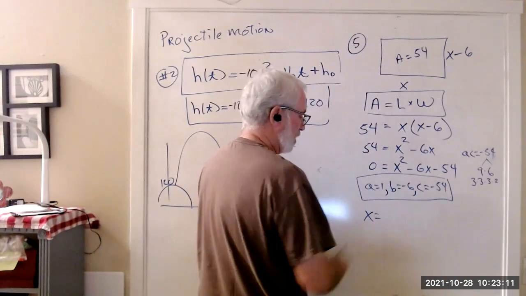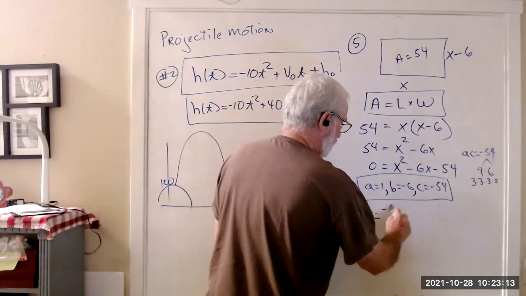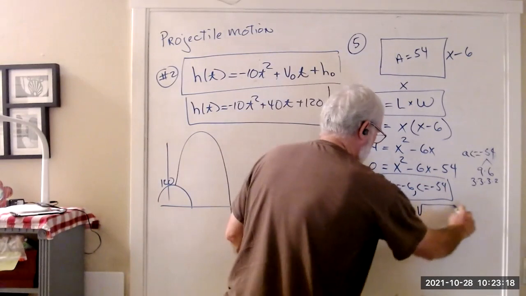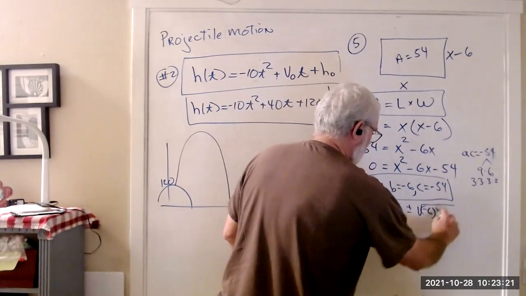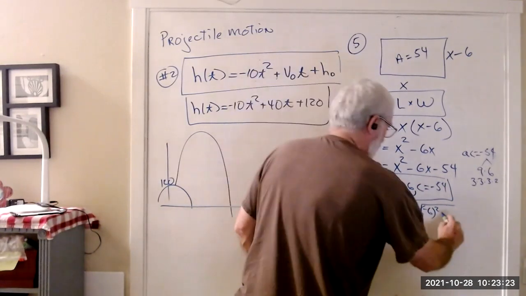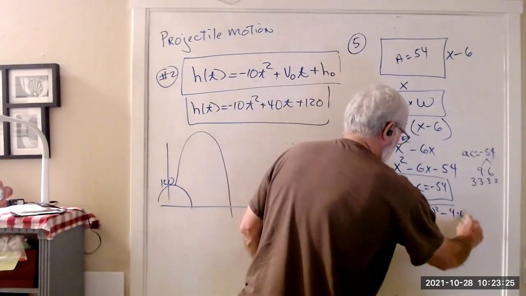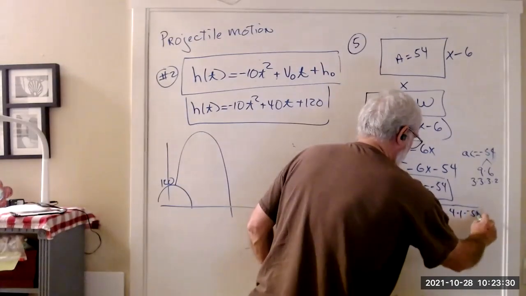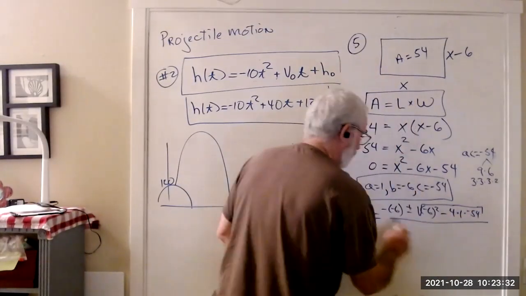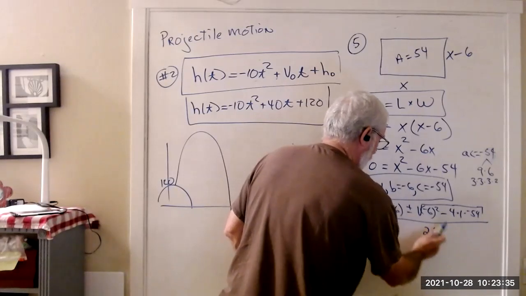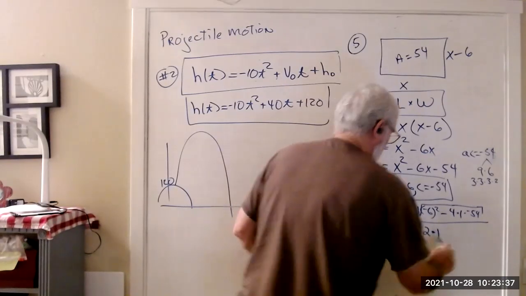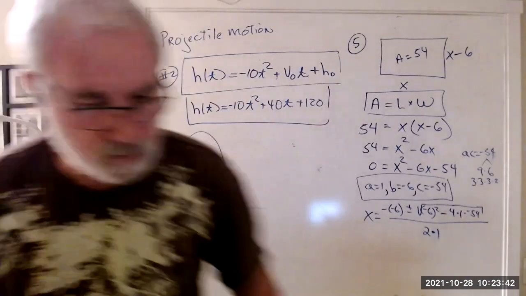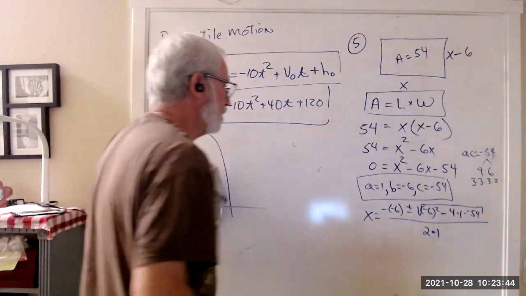Have to. x is negative of negative 6, negative b, plus or minus the square root of negative 6 squared, b squared, minus 4 times a, which is 1, times c, which is negative 54, all divided by 2 times 1.